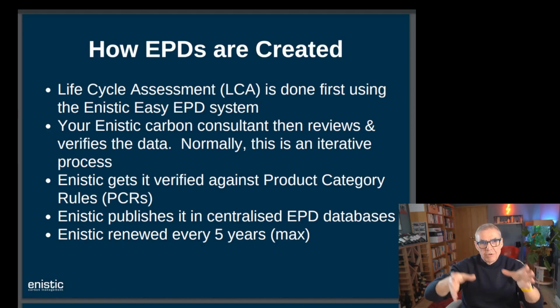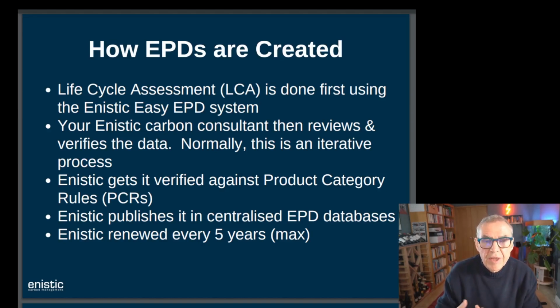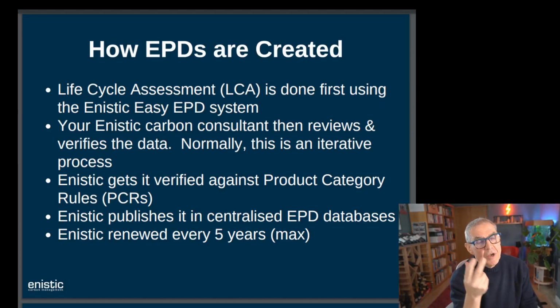The factory then produces the goods that get installed on a construction site, typically, or somewhere else. They then get used. After the useful life of the product, they get disposed of, and some of the parts are then recycled back again. So those are the major parts of an LCA.